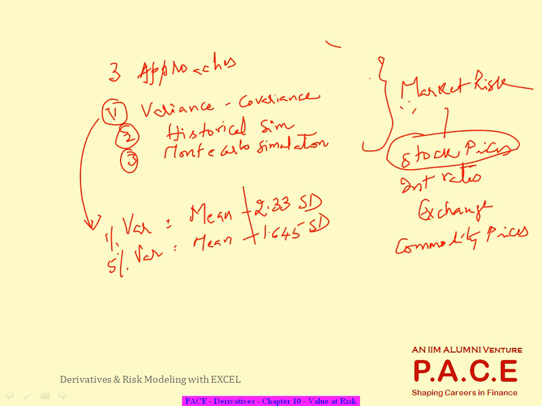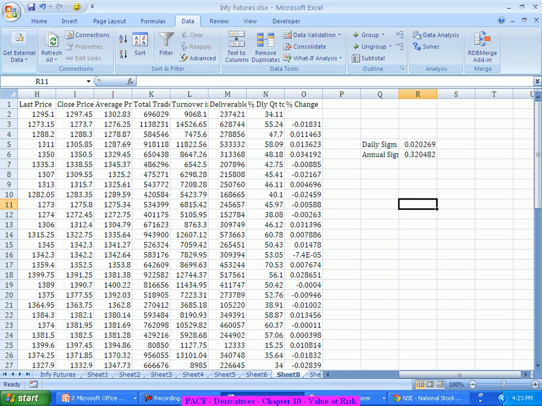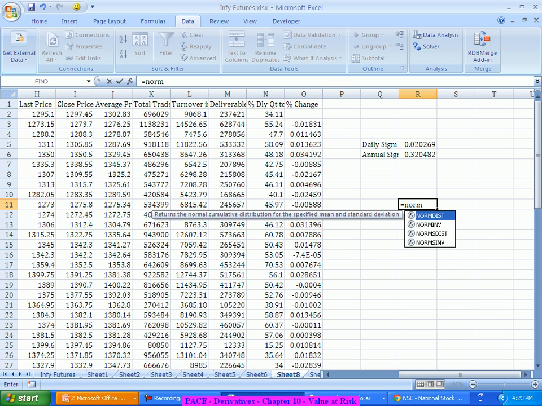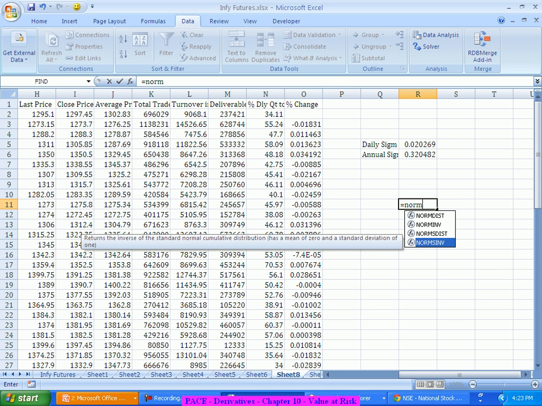These two numbers are based on the normal distribution assumption. If a particular data follows a normal distribution, the 1% area in that normal distribution graph corresponds to a value of 2.33. You can try that out with a formula called NORM.S.INV. We are trying to find the reverse. Earlier we used NORM.S.DIST because we had a value and from there we found the area or probability.